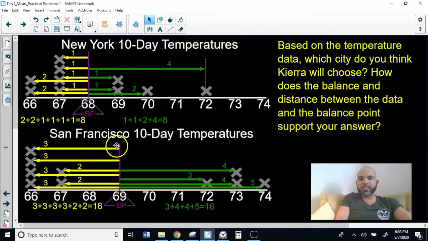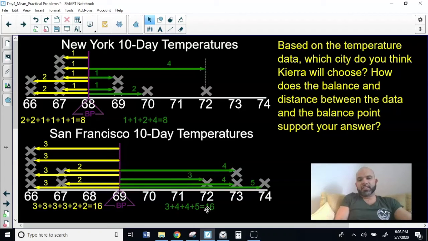If she likes the fluctuation, right, the up and down of the temperatures, where it's 16 on each side, well, then maybe she wants to go to San Francisco. But our friend Kiera, she is still undecided, okay?